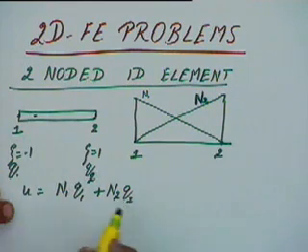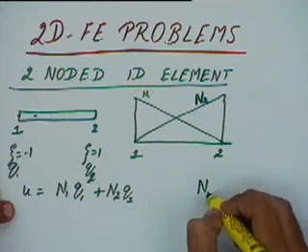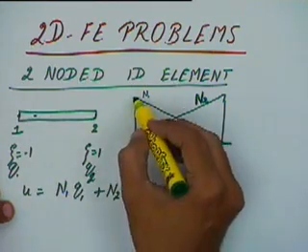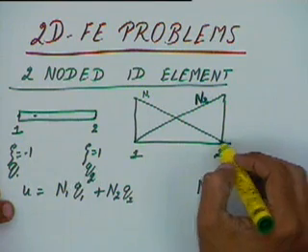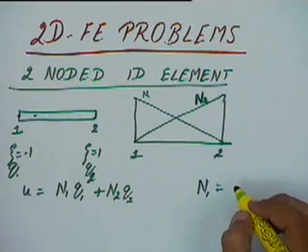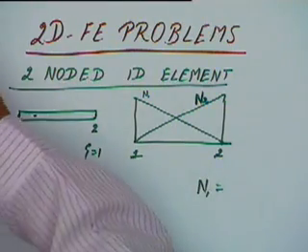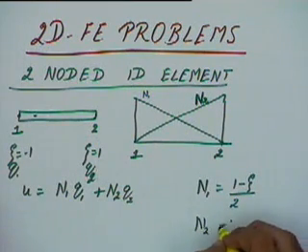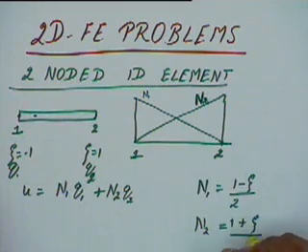Okay. Now for n1 we said it will be a linear relationship, n1 is 1 here and 0 at the other end. So this expression was one minus zeta by 2 and n2 was 1 plus zeta by 2.